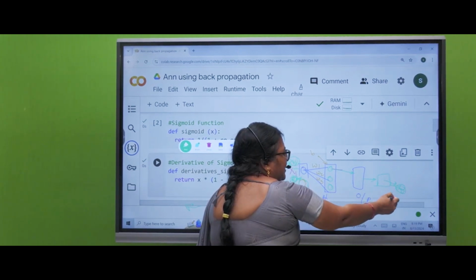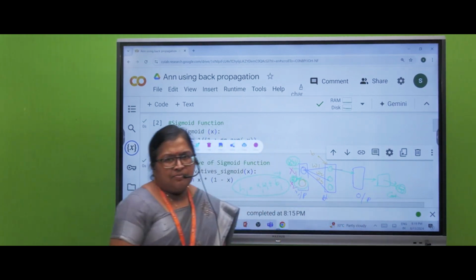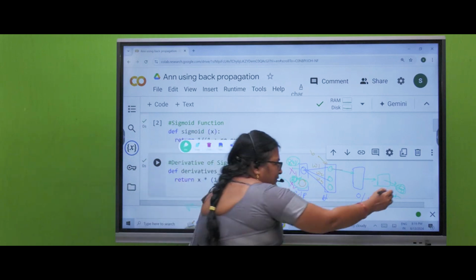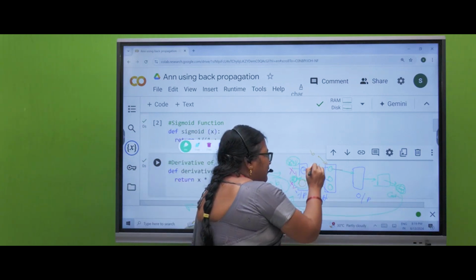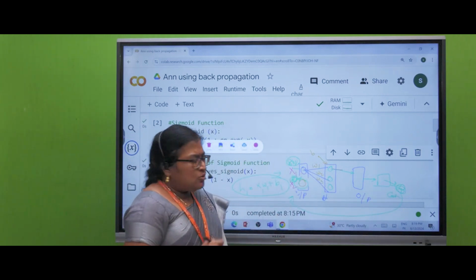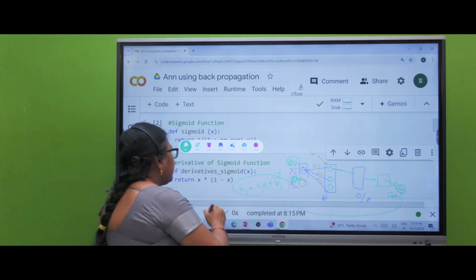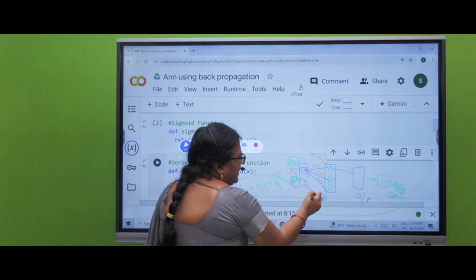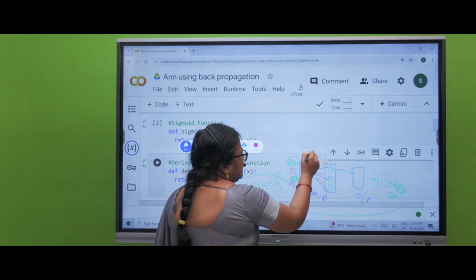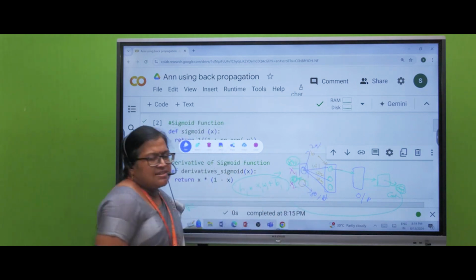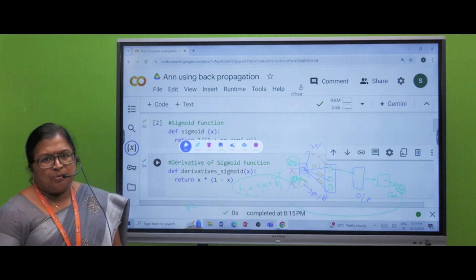But if it is not predicted as dog, and it predicts cat, then what do I have to do? I have to come back and update these weights. So now I'll change this node weightage to 80% and this node weightage to 20%. So I'll update the weights. That is what happens in back propagation.